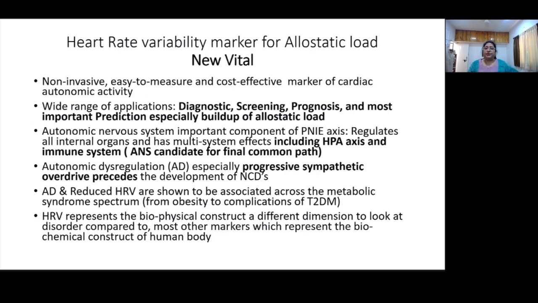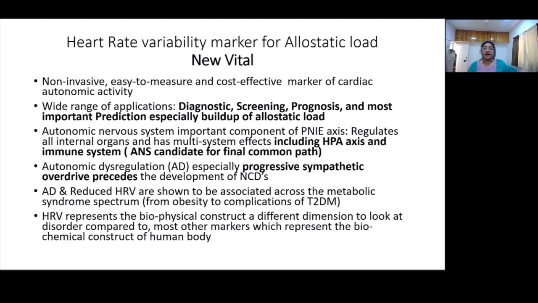Now coming to heart rate variability, which is a marker for the allostatic load. As I have already mentioned, it's a new vital. It's a very important parameter. Why? Because first, it is a non-invasive, easy to measure, and cost-effective marker of cardiac autonomic activity. All these three qualities make it a more scalable marker.